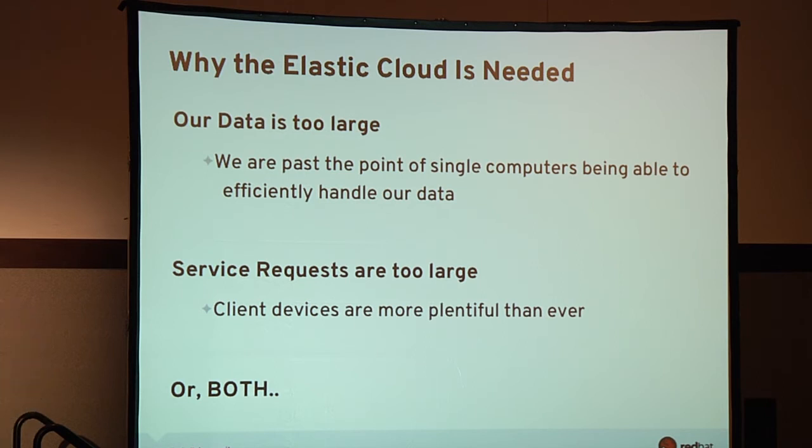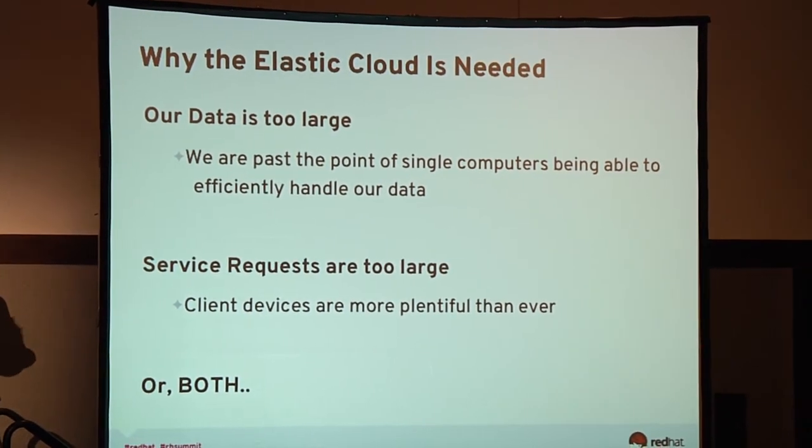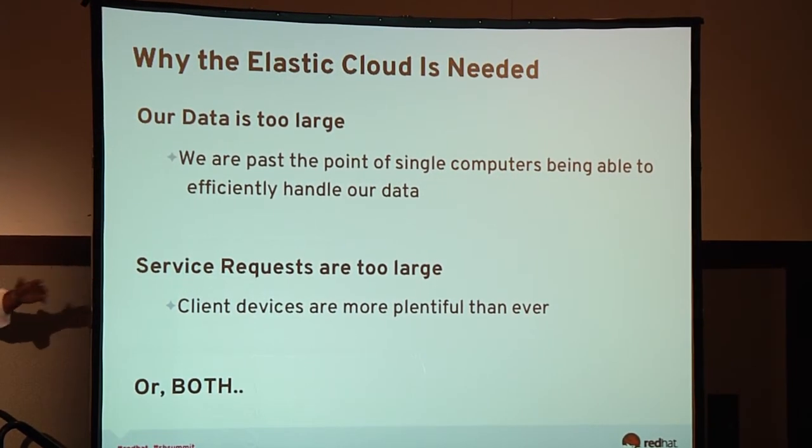In the keynote this morning, I'm probably going to mess up his name, but Ram Apanaraju said there were like 5 devices for every person on the planet. This is Facebook scale. Granted, not everybody's building a Facebook level application, but there are specific use cases in the enterprise where the data is just too large and there are too many requests, or both. This is the driving requirement for the elastic cloud.